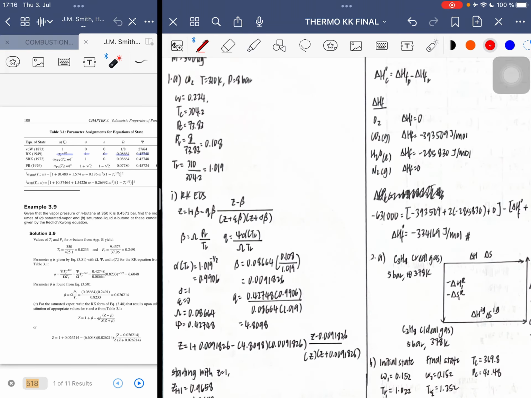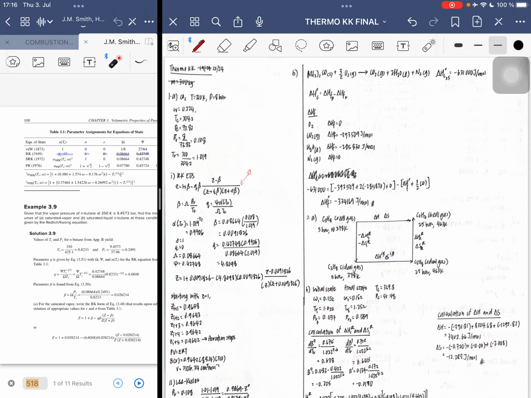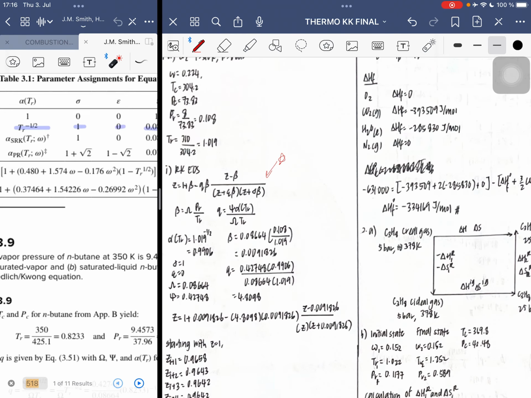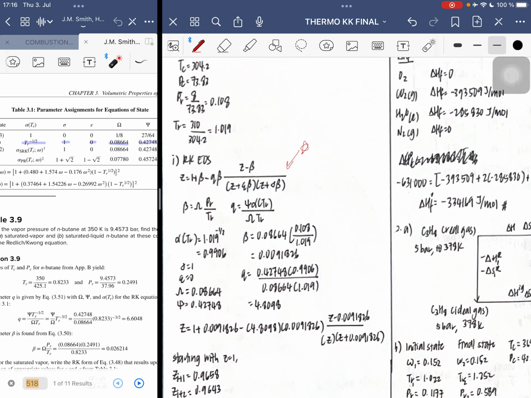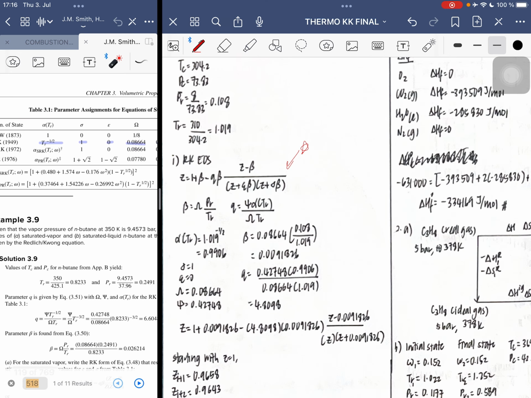Let's see my working here. You can see I use these equations right over here. For beta, you have omega times reduced pressure over reduced temperature.